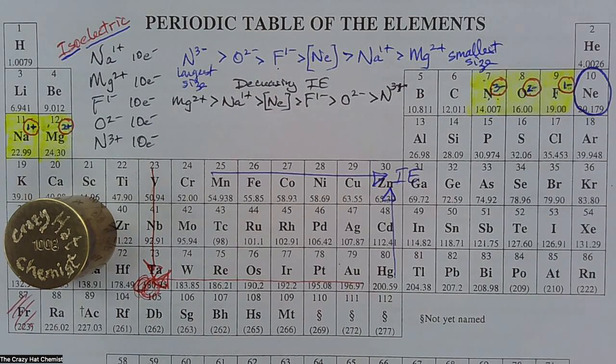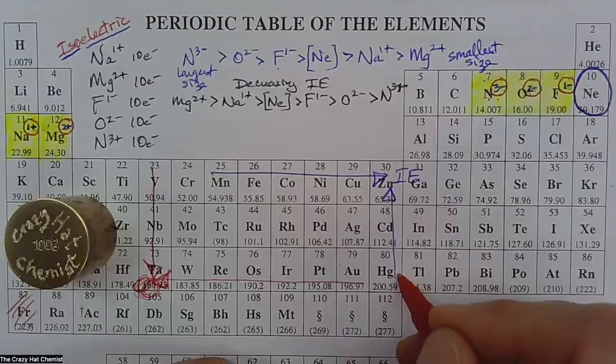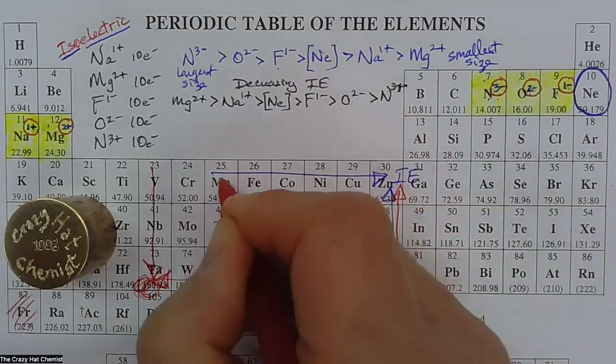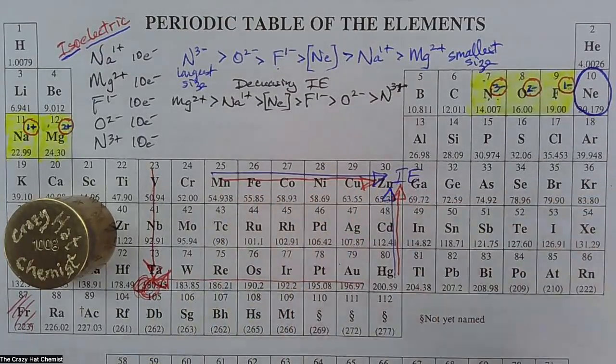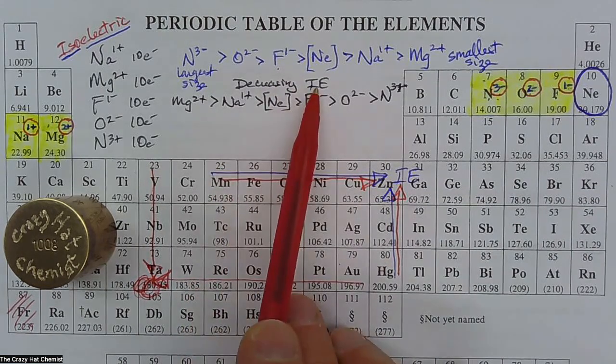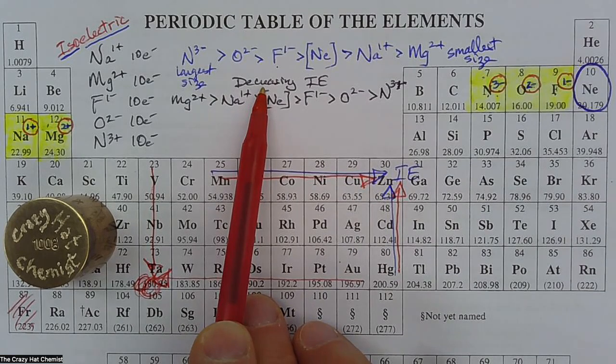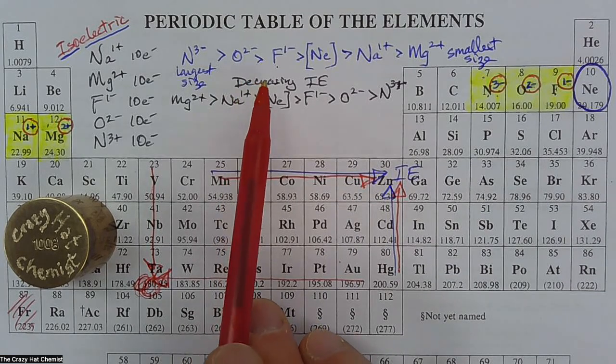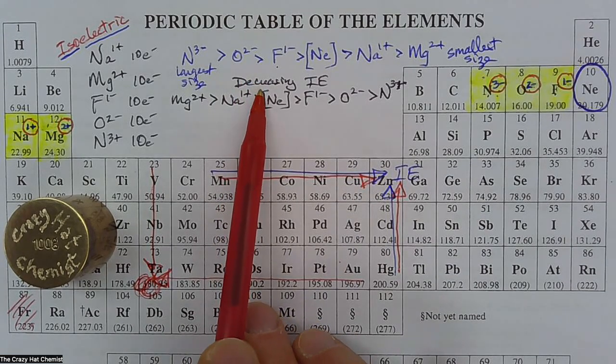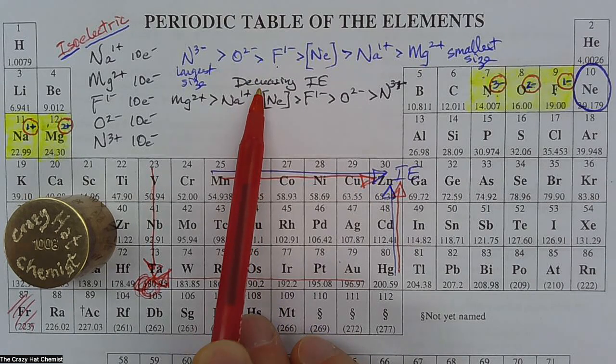Okay. Now, the next question, the last part of this one, is increasing electronegativity. So increasing electronegativity is the same trend as ionization energy. Okay, so notice that we have decreasing ionization energy and then we have increasing electronegativity. So increasing electronegativity is opposite of decreasing ionization energy.